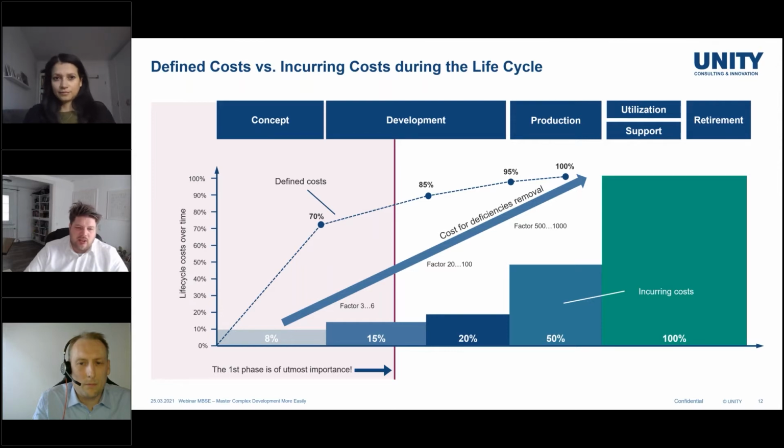So then you can easily see that by end of development phase, you have around 90–95%. I'm not arguing on specific numbers, but most of the costs, most of the definition has taken place, of course, and therefore there's not a lot of room to improve further after all these costs are defined, all these decisions are taken.